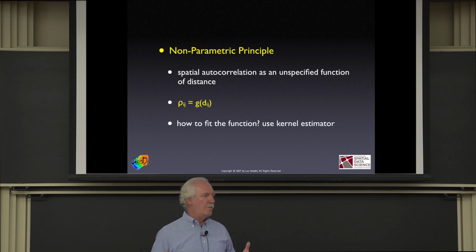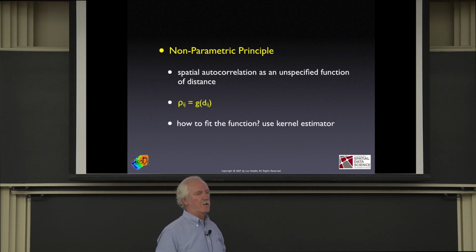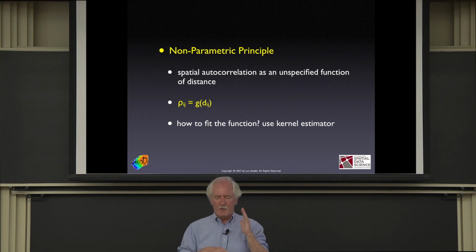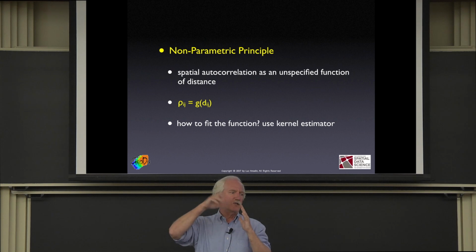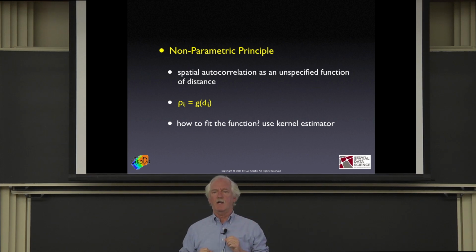So in general, it just says the correlation between i and j is some generic function of the distance between i and j. And the way we deal with this is, you can think of a graph with all the correlations, and I'll show one in a few minutes that's a little bit different. On the vertical axis is the value of the correlation. On the horizontal axis is the distance separating the points.